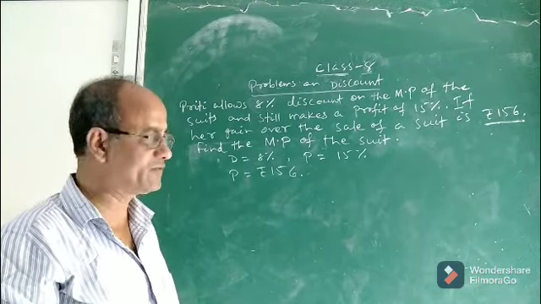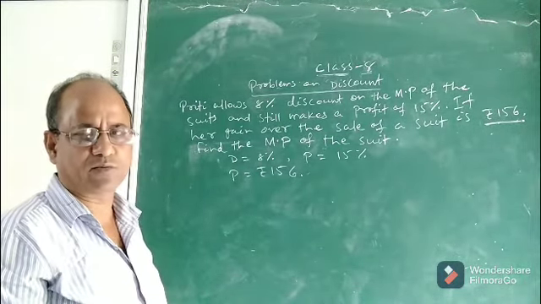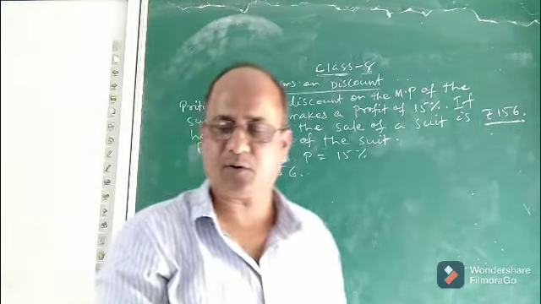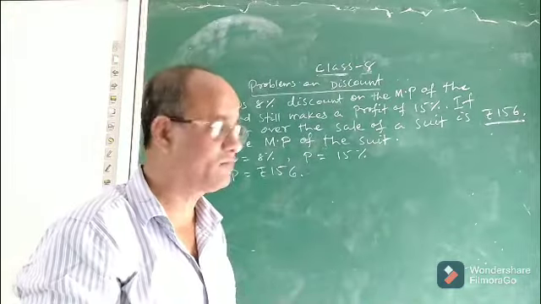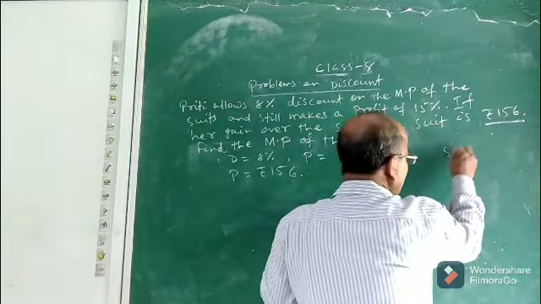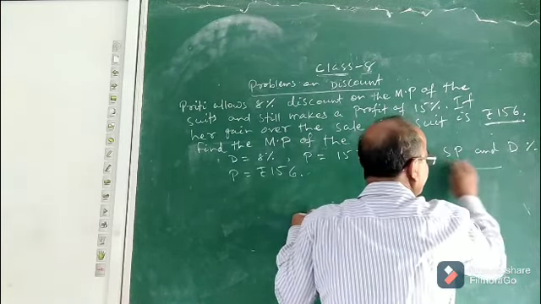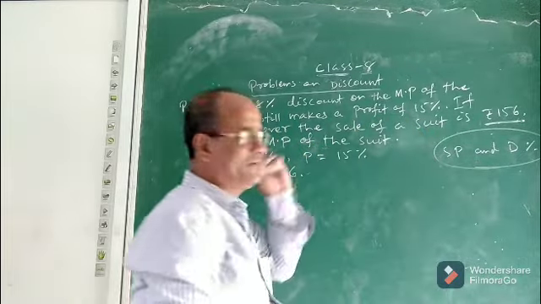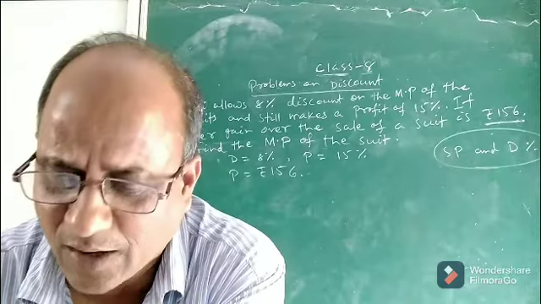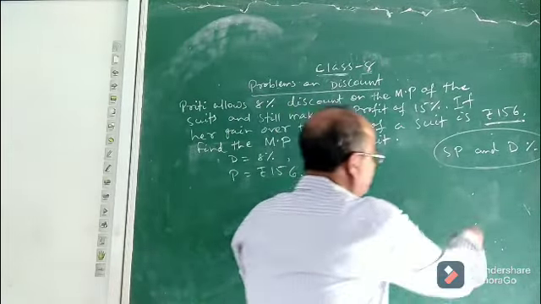See how to do this. In order to find the marked price, we need two things. What is the formula for marked price? You recall. If you know the selling price and discount percent, if these two are given, then you can easily calculate the marked price.